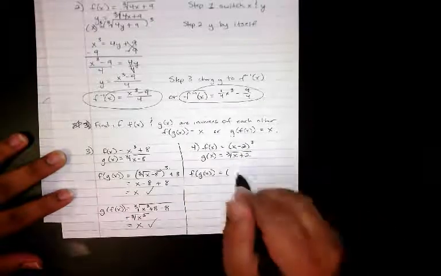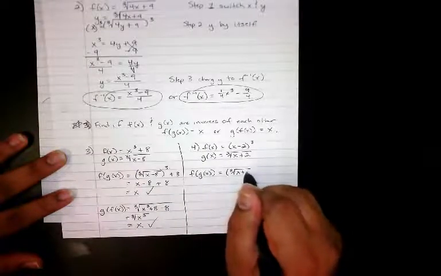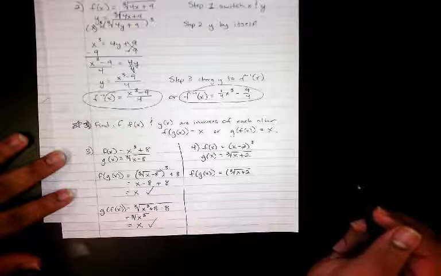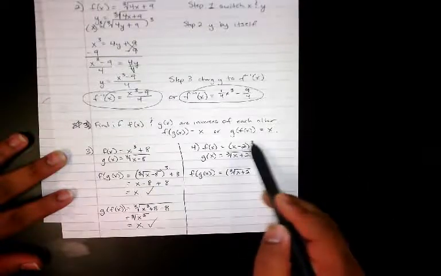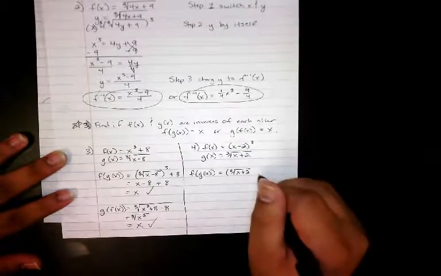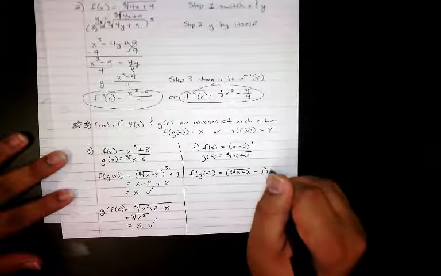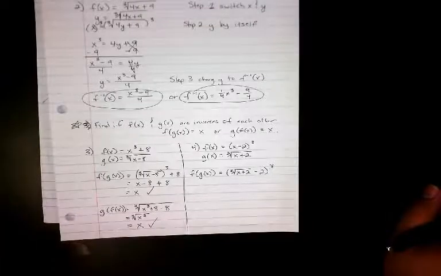So I'm going to have the cube root of x plus 2 in the parentheses, and I'm just bringing in the rest of this equation. Right, so I plug this in place of x, and I'm bringing in the rest of this equation. So minus 2 cubed.